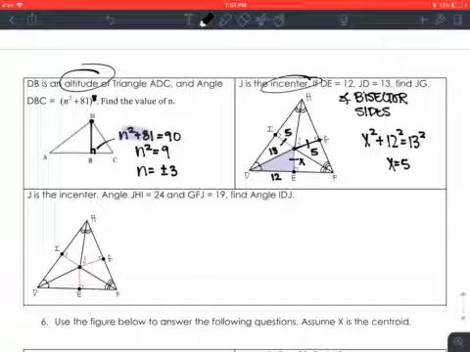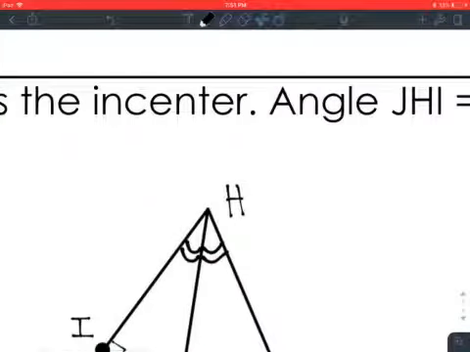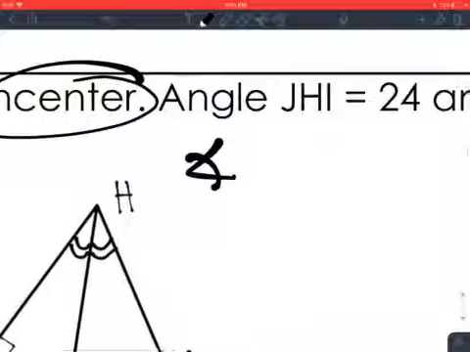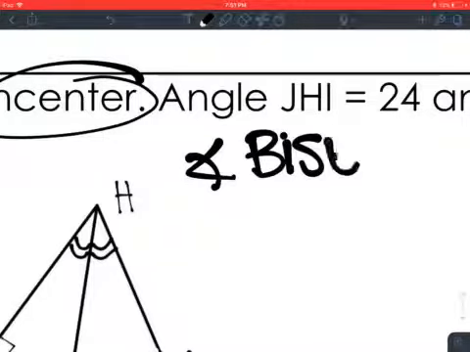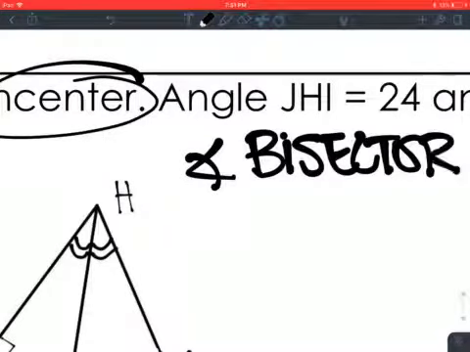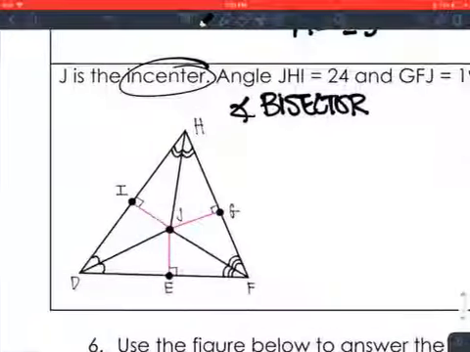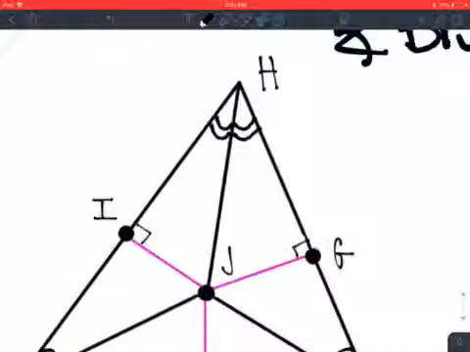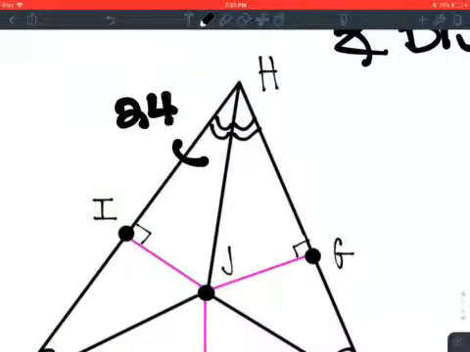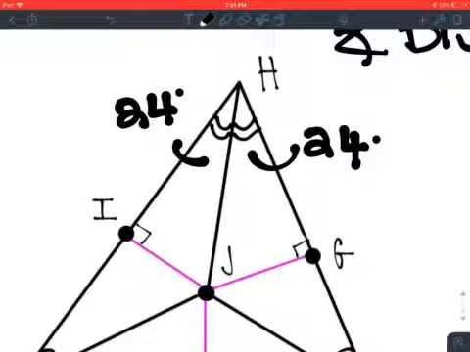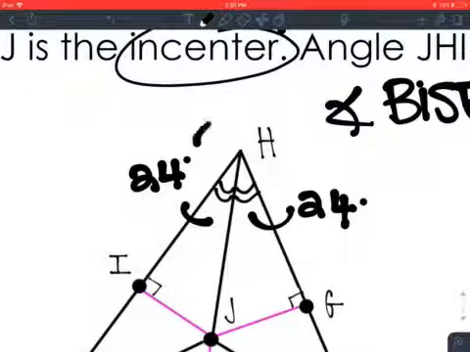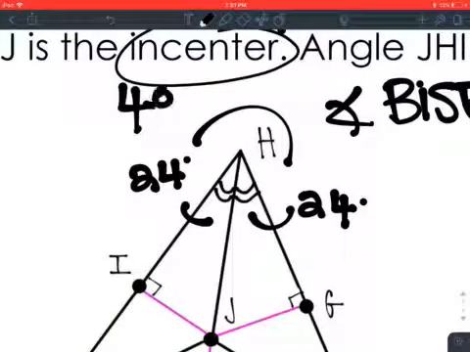All right, our last one in the bunch here once again deals with incenters, which means that we are dealing with angle bisectors. Okay, so angle JHI is 24 degrees. Here's why this is helpful. This is also 24 degrees, because it's an angle bisector, which means that all of angle H is 48 degrees.